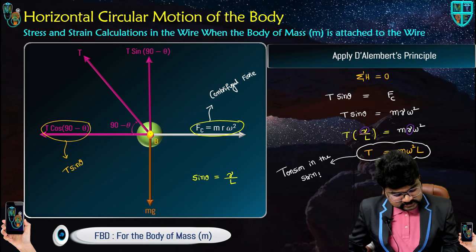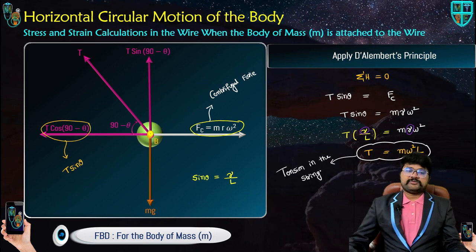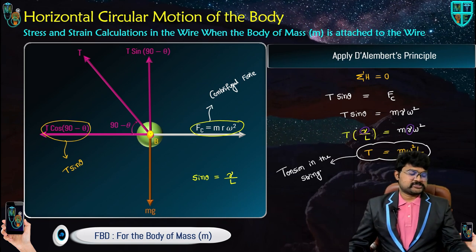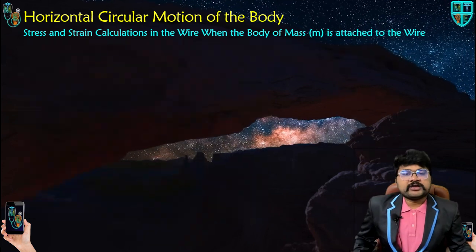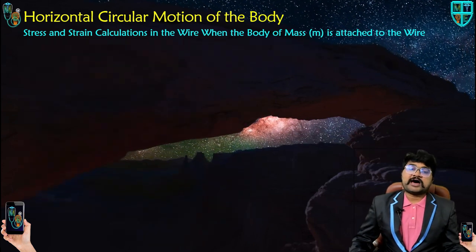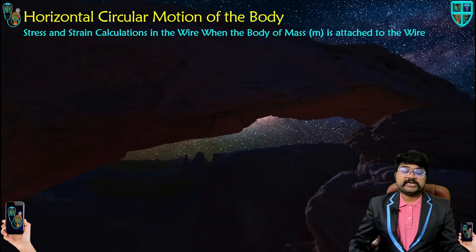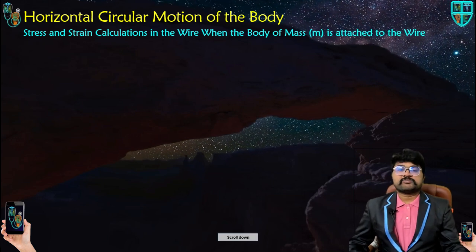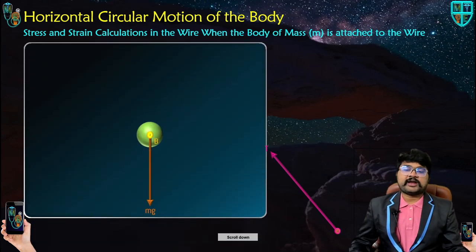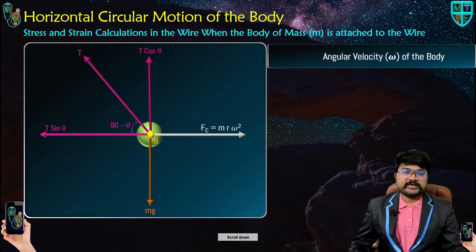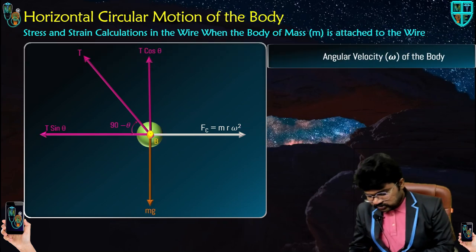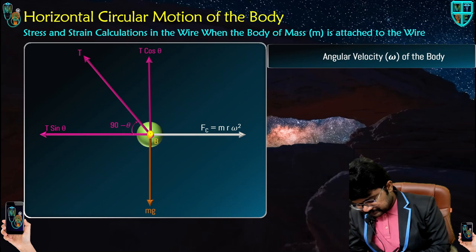Understood? So it is very simple. Finally we got tension in the string, m omega square L. Now we can calculate the angular velocity of the body which is in horizontal circular motion. How to calculate the angular velocity? Just now we calculated this part.